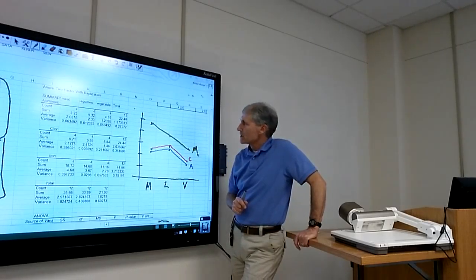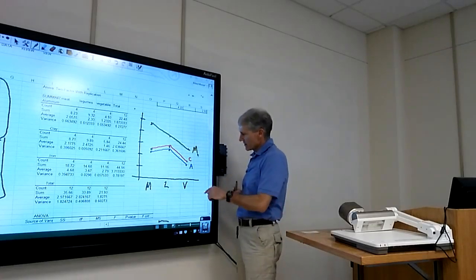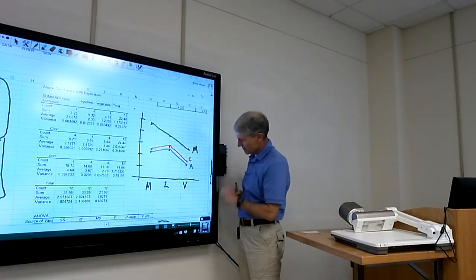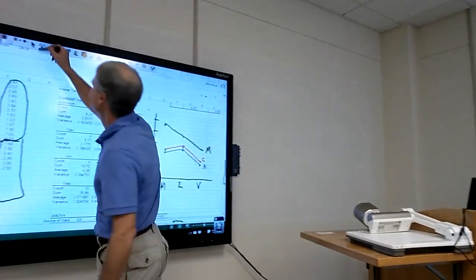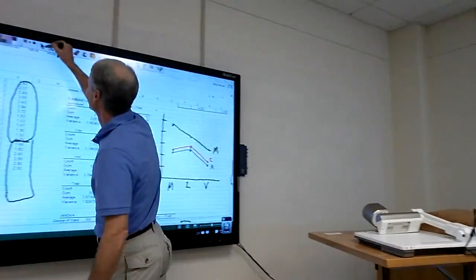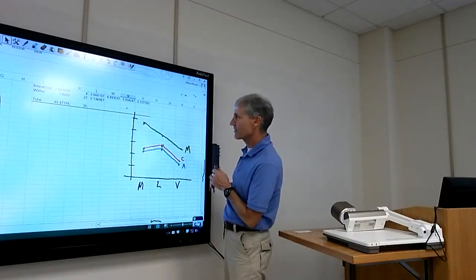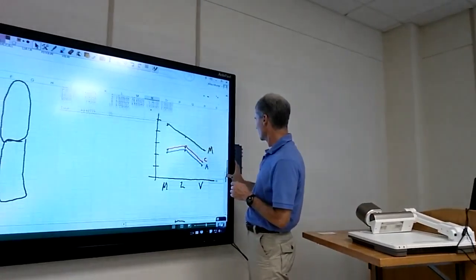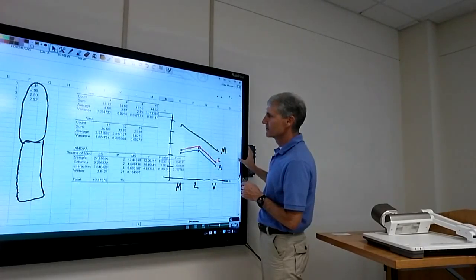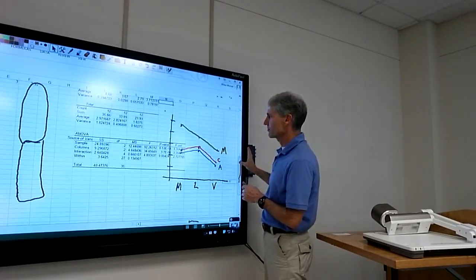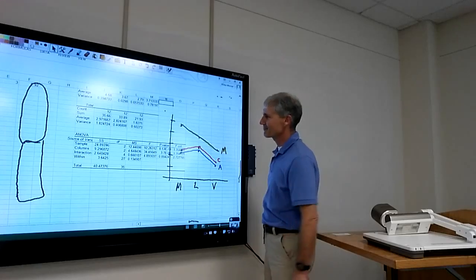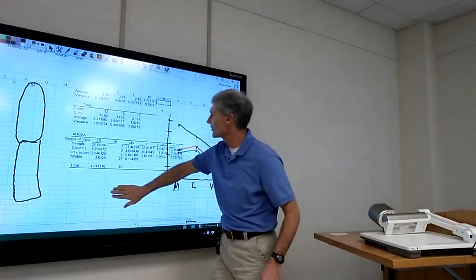Okay? So now let's scroll down and look at the output. I went too far. Did I go too far? So there's the ANOVA table, and boy, I hate to get rid of that plot. Maybe I can scroll this.